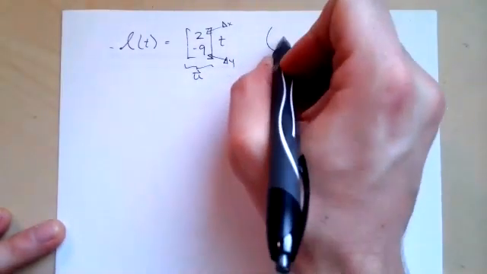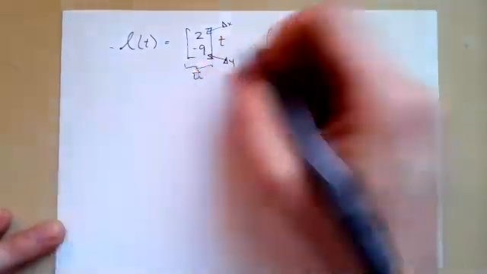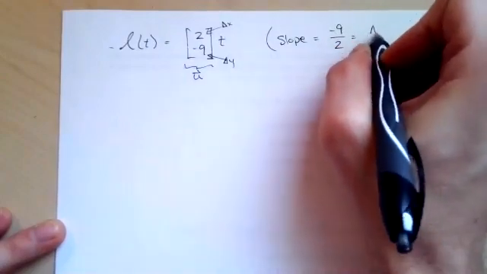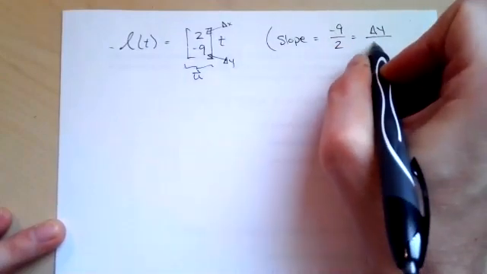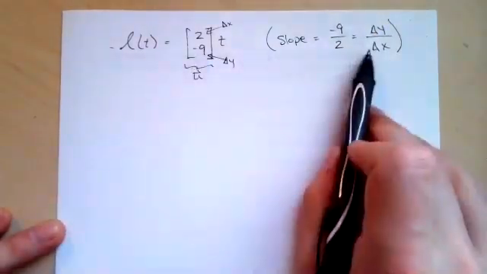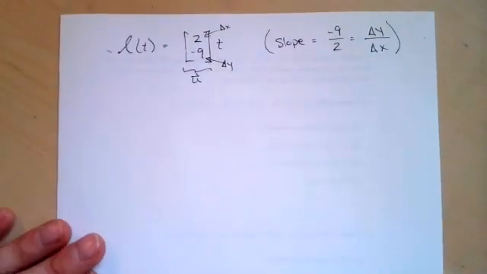So our slope would correspond to -9/2. That's our change in y over our change in x, going from our parametric equation for a line to something like a standard y equals mx plus b.